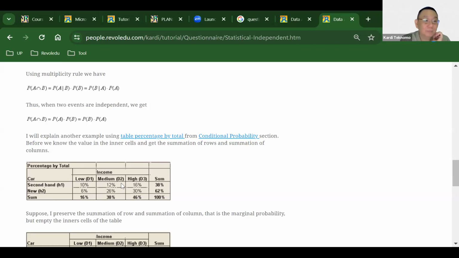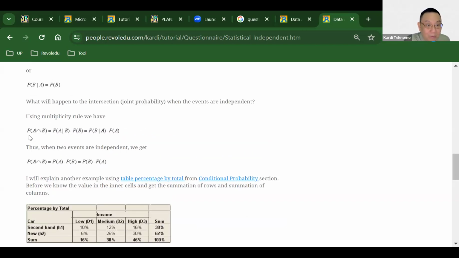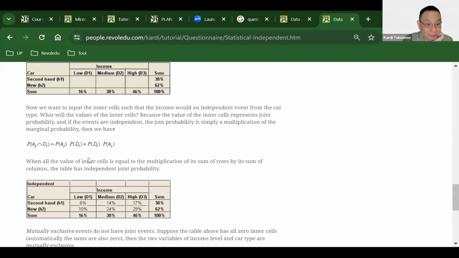So if you have a joint probability and conditional probability, and this is called prior probability, you can check whether the two events are independent or not by testing this value. If they are independent, the conditional probability will come back to the prior. So if not, then they are dependent. So statistically speaking, like that.